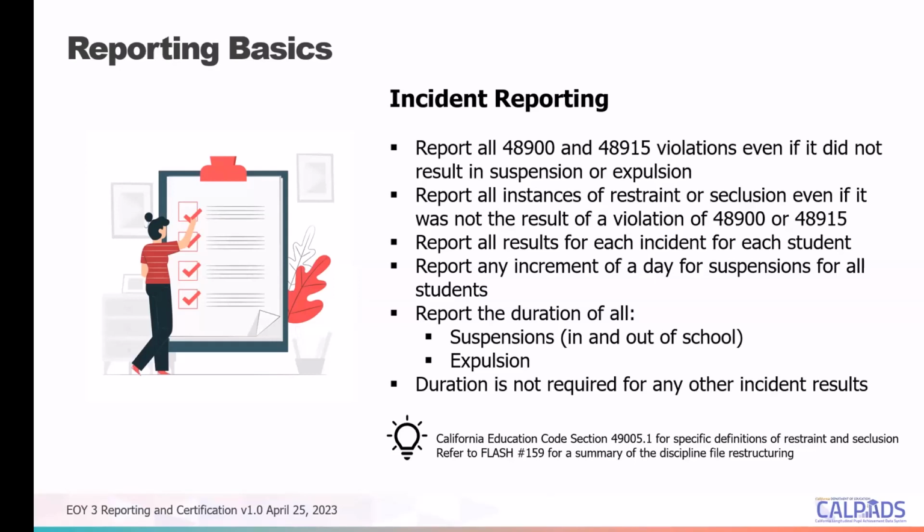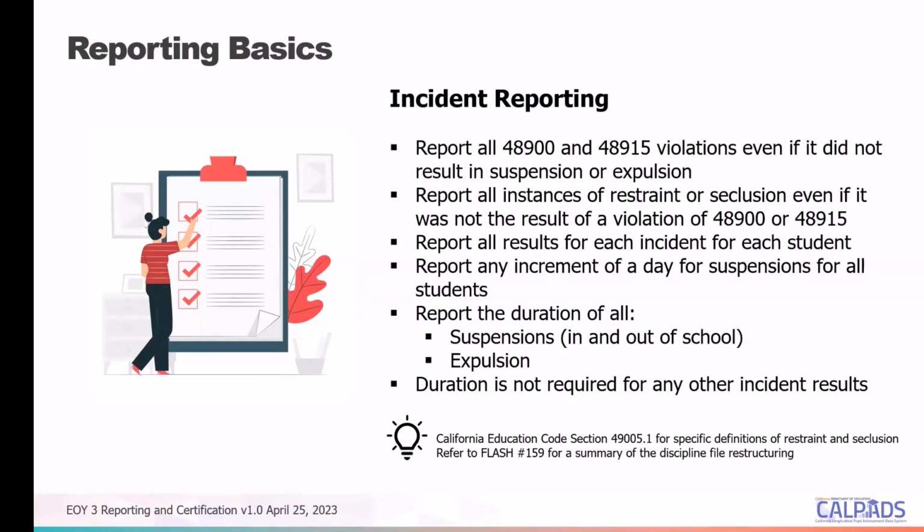So you really shouldn't be reporting incidents that are not defined in those Ed Code sections. Not that you have to suspend or expel the student, right? Because there's other means of correction. Sometimes you might not choose to administer the discipline, but those violations are required.